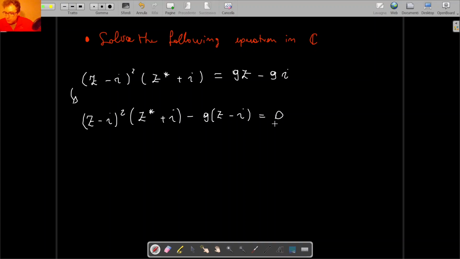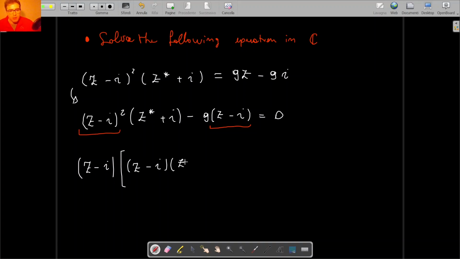Now we have z minus i here, and we have another equal factor here, so we can factor it out as follows. We have (z minus i) multiplying this whole expression: (z minus i), since this was squared. So this multiplication reconstructs the square.